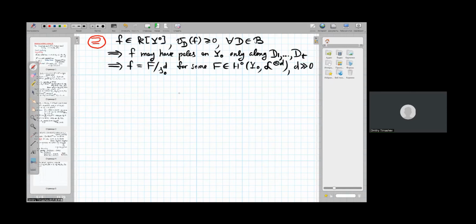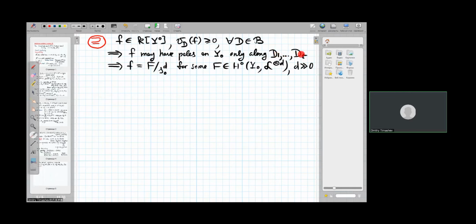Because recall that this section S_0 has zeros only along these divisors D_1, ..., D_t, and the vanishing order of S_0 along these divisors is a positive number m. So if you take S_0 to a sufficiently big power, then the vanishing order along these divisors will be as big as we want.